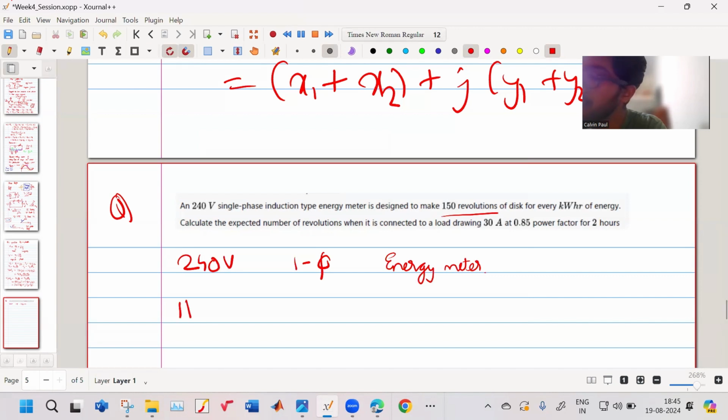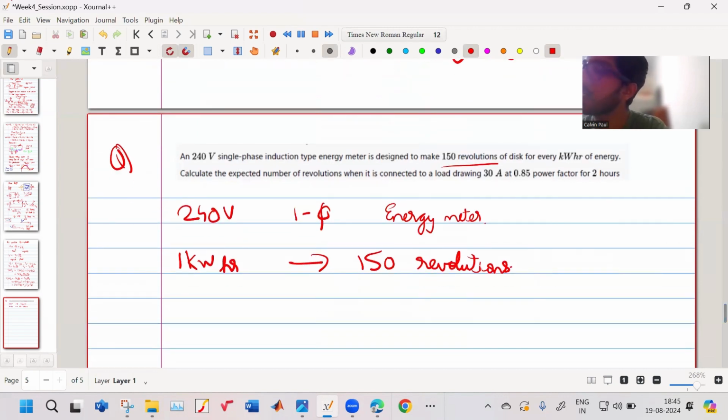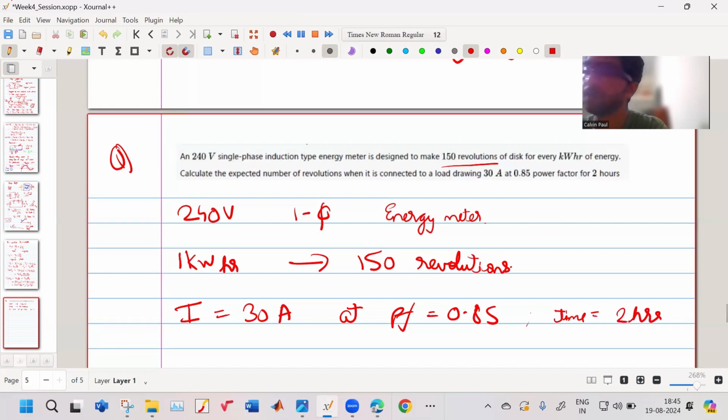So if it measures 1 kilowatt hour of energy, it will make 150 revolutions. It is connected to a load drawing a current of 30 ampere at a power factor of 0.85 for a time of 2 hours.